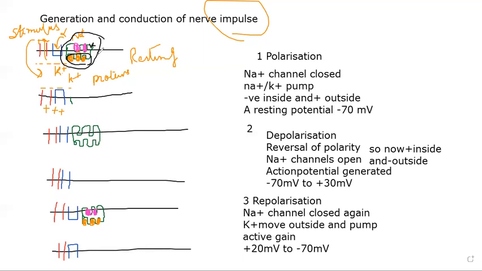These are potassium and these are sodium, and for this process 1 ATP is spent. So with the expenditure of 1 ATP, 3 sodium ions are moving outside and 2 potassium ions are moving inside. As a result of this, a resting potential of minus 70 millivolt is generated in the membrane. This is known as the resting potential.